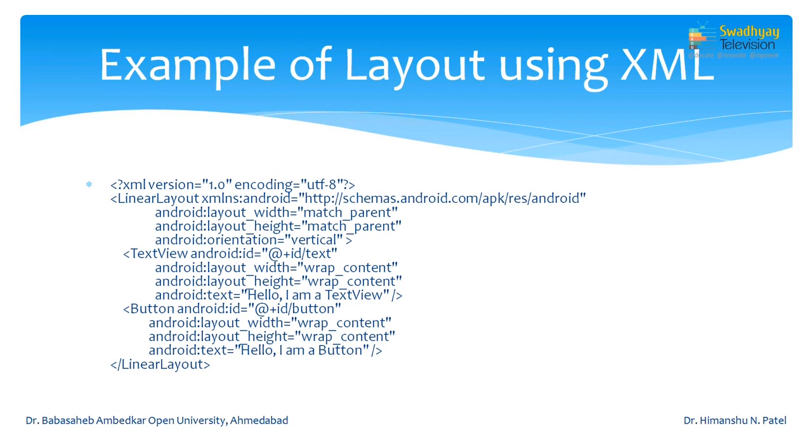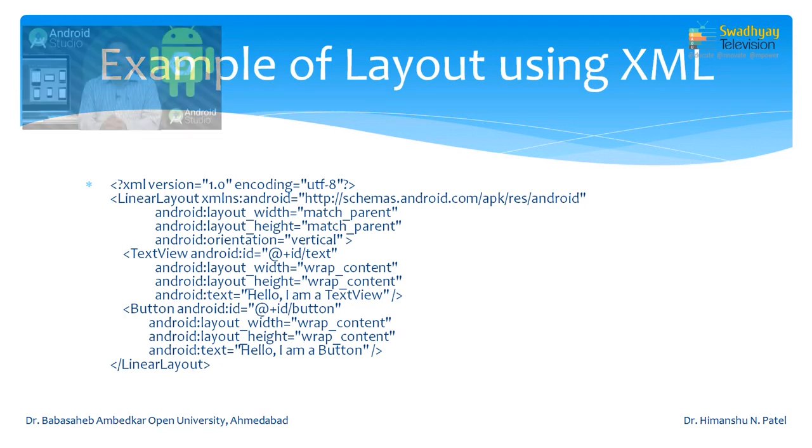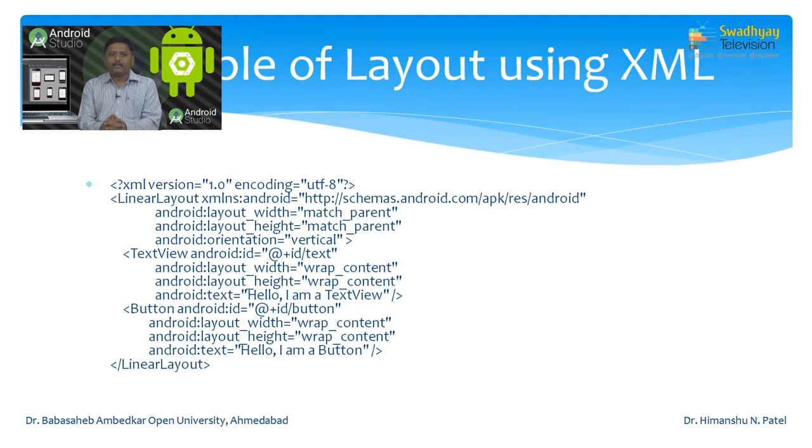We will look at the different types of layout later in this session, but right now our XML file uses linear layout, and xmlns specifies the namespace that we are using for writing XML. Here we first define the topmost layout, which is a view group. Inside that we define one text view and a button.